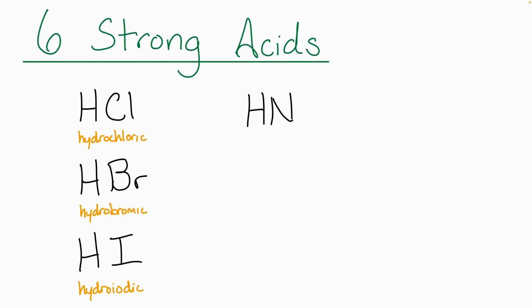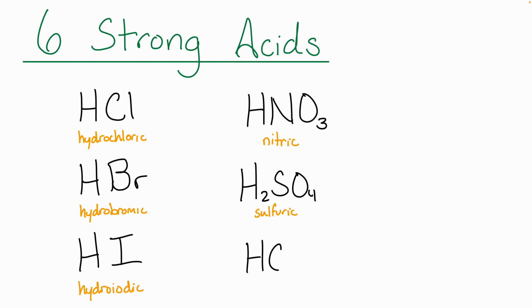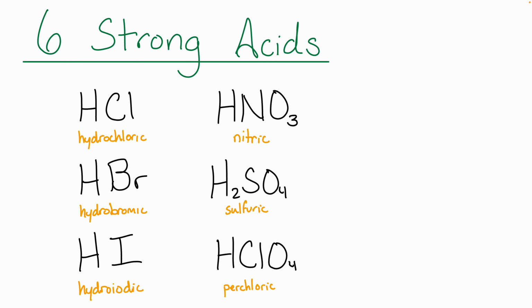So for example, HNO3, nitric acid, H2SO4, sulfuric acid, and HClO4, what's called perchloric acid. So these are the six strong acids.